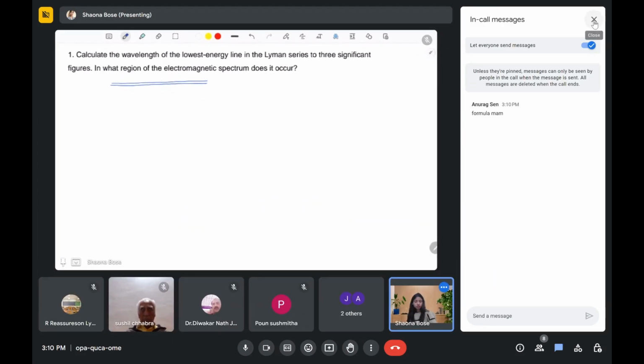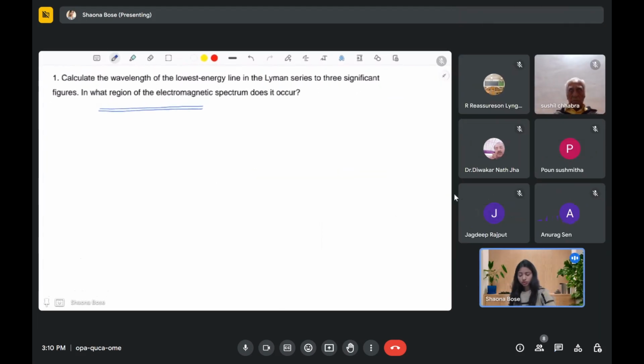Yes, Anurag, you have to use a formula. Did you solve it? What's the answer? And in which region of the electromagnetic spectrum does this occur?